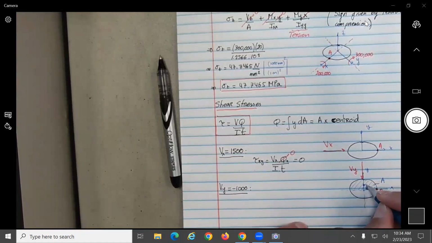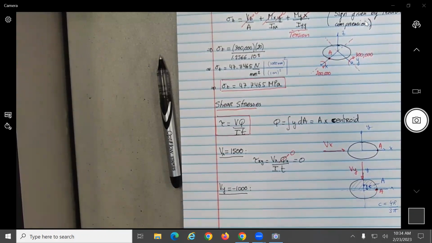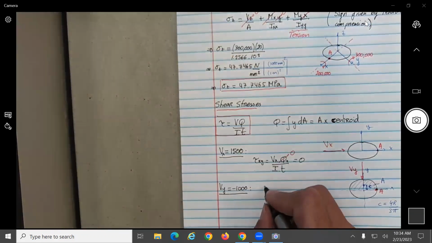which is C over here, and I give you what was C. 4/3 pi. So then what does that mean? In this case, then the Q will be equal to what?